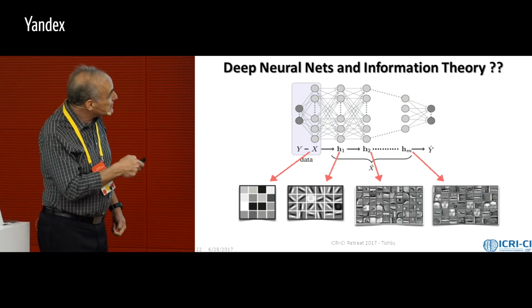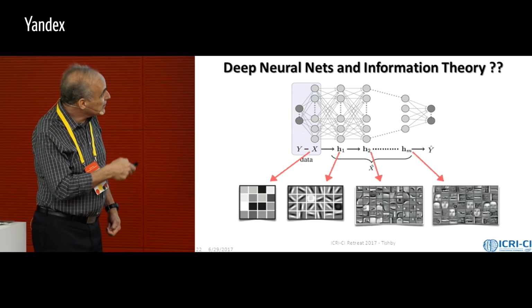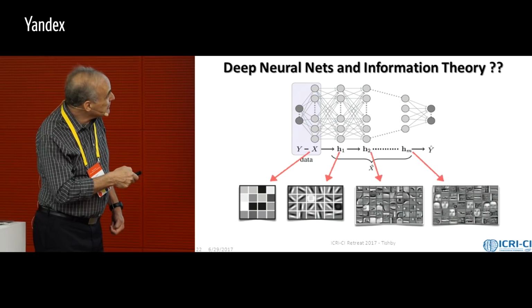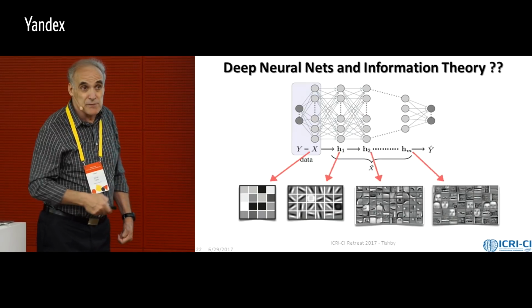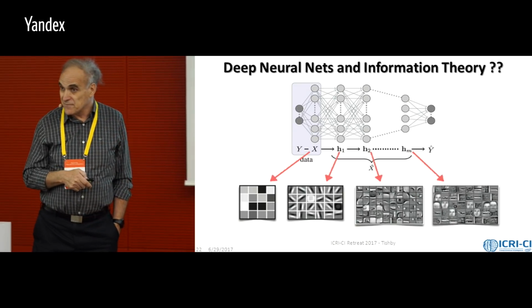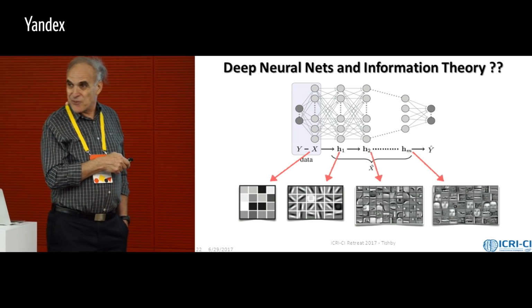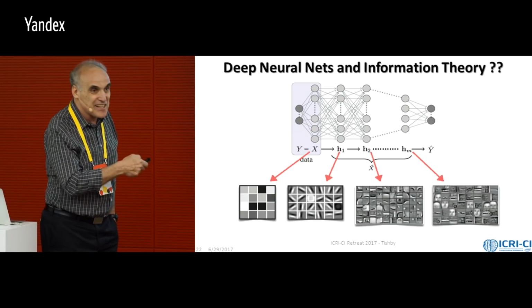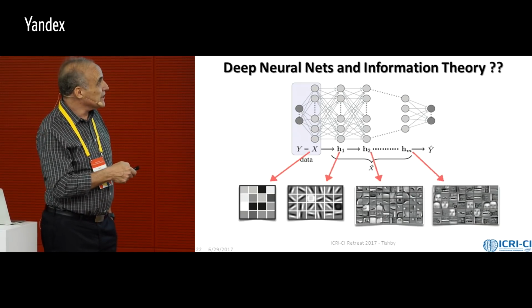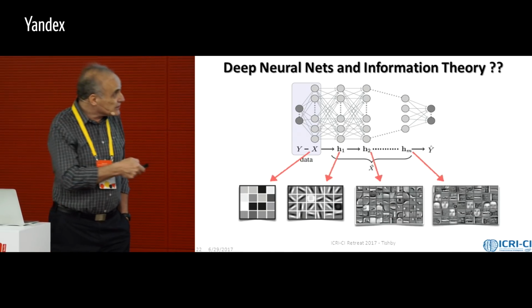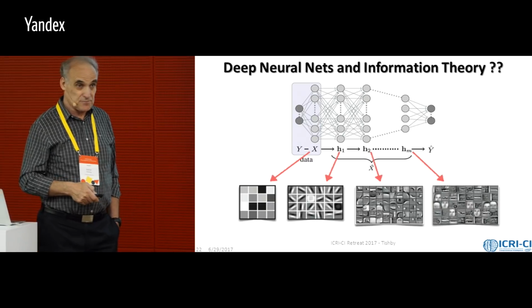And eventually, the last layer, which I consider to be very important in this story, is generating another random variable which is supposed to be as close as possible to the original Y, which I call Y hat. So if my training works well, this refinement of X through the layers should eventually lead to good prediction of Y, but that's not exactly Y, of course, that's why I call it Y hat.